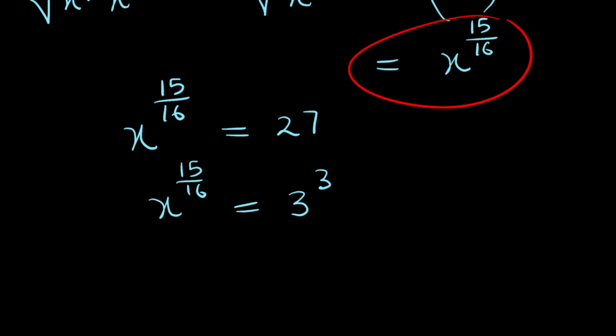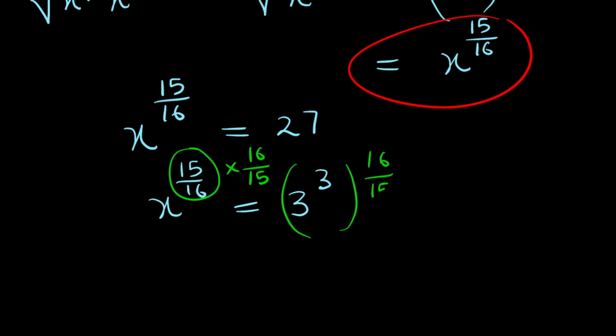And in order to get rid of this power here, we need to multiply by the reciprocal of that power on both sides. So we say this is raised to power 16 over 15. So this 3 here is the same thing as saying 3 over 1.